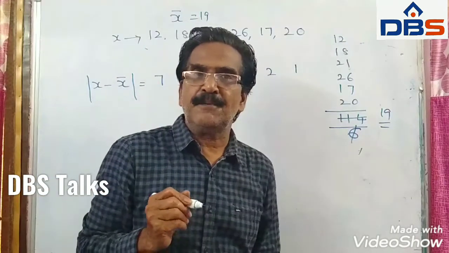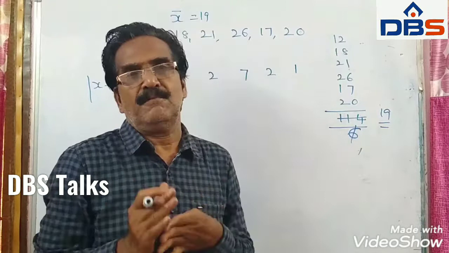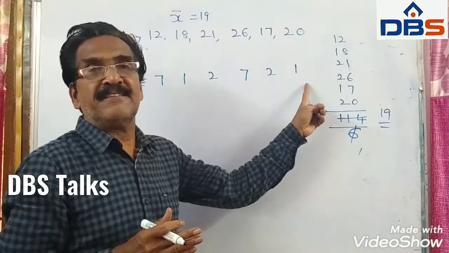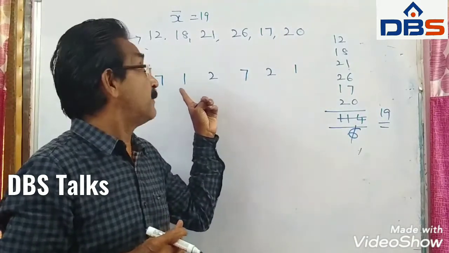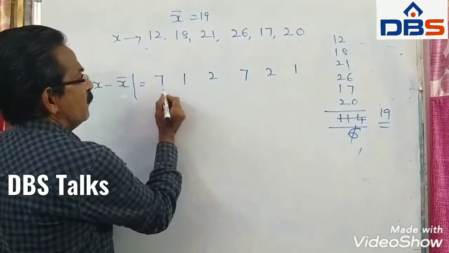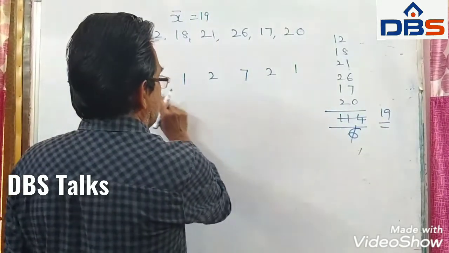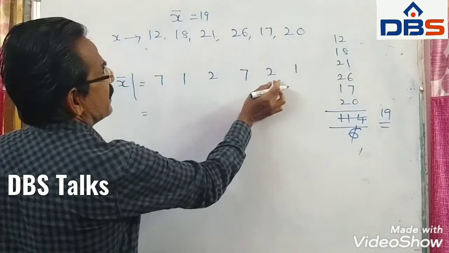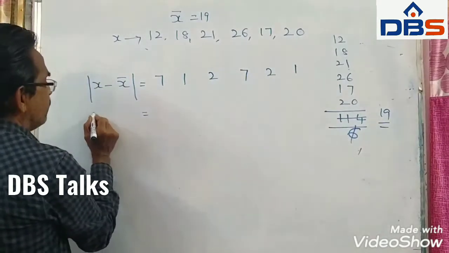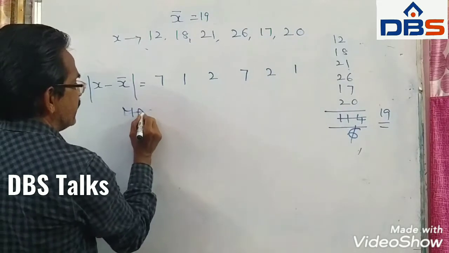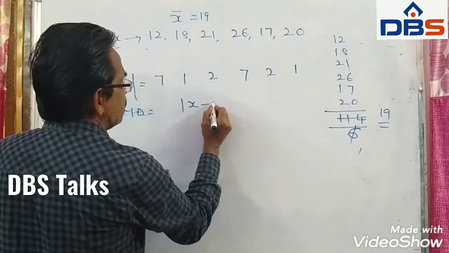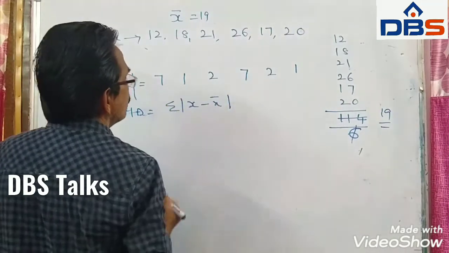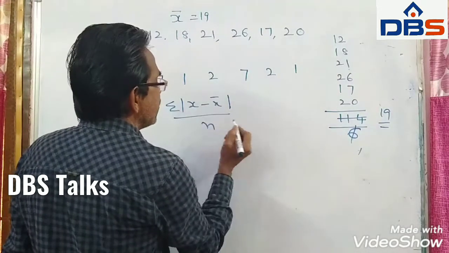So what is the definition of mean deviation? Average of absolute deviations, absolute differences. So we have to find the average of all these numbers. How many are there? Total 6. So now the mean deviation is equal to sigma mod x minus x bar by n.